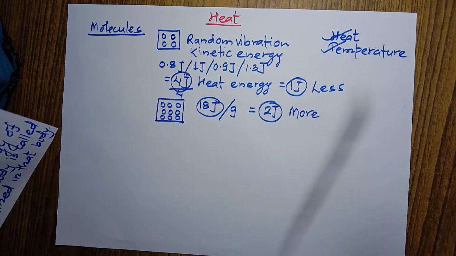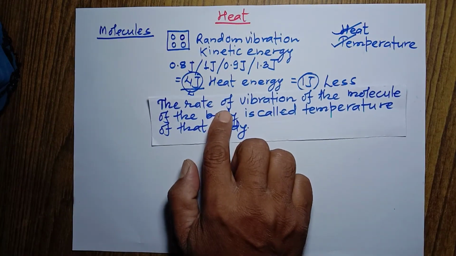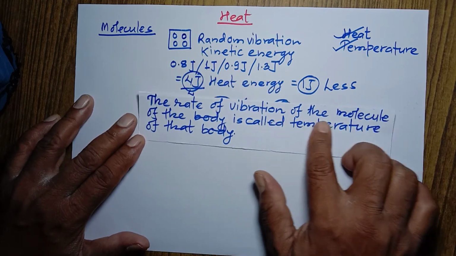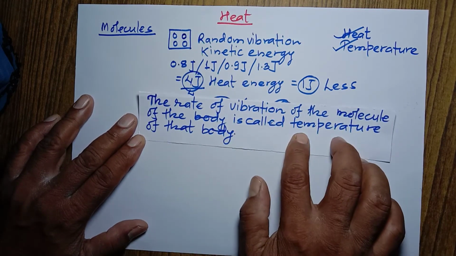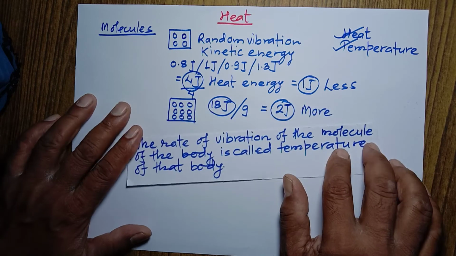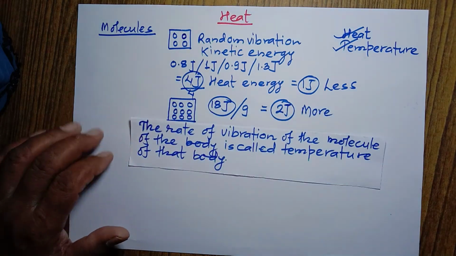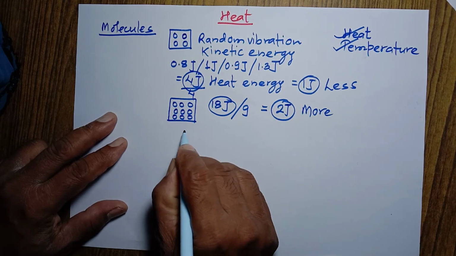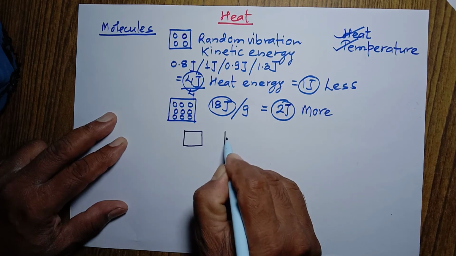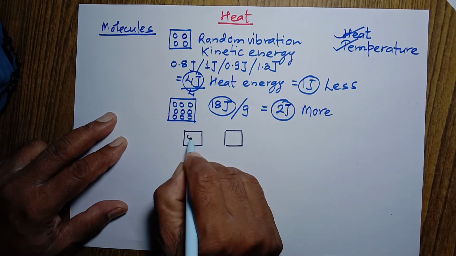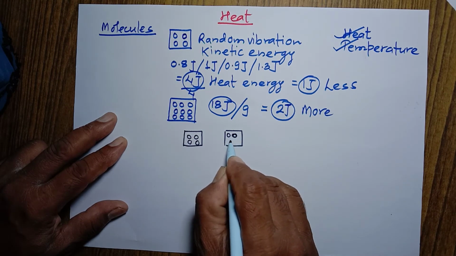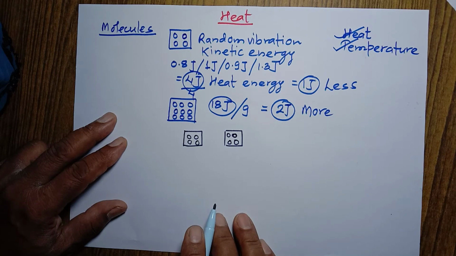The rate of vibration of the molecules of the body is called temperature of that body. What is the meaning of this saying? I want to describe a little. Let's say these two bodies we are comparing, and they have millions of molecules; I'm just taking only a few.